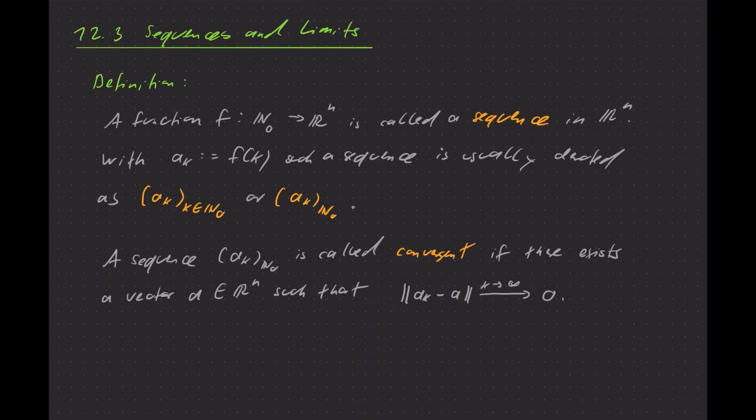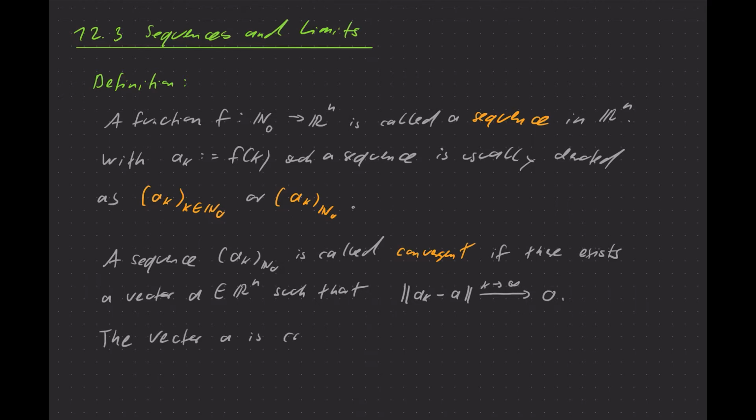So basically, we look at the one-dimensional sequence of the norms of a_k minus a, and then say if this tends to 0, then a_k converges to a. And as in dimension 1, the vector a is then called the limit of that sequence.